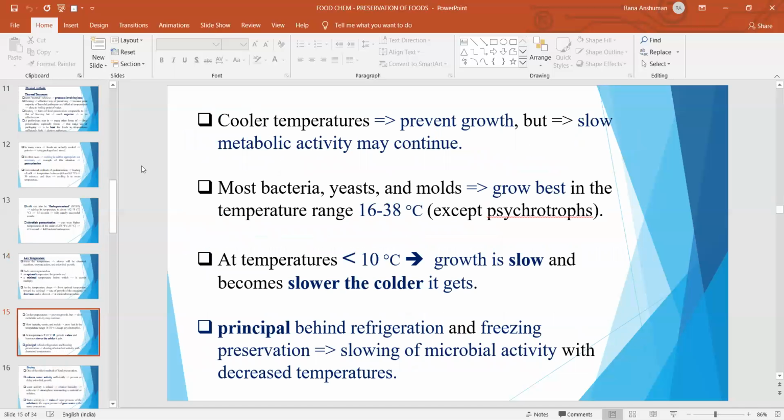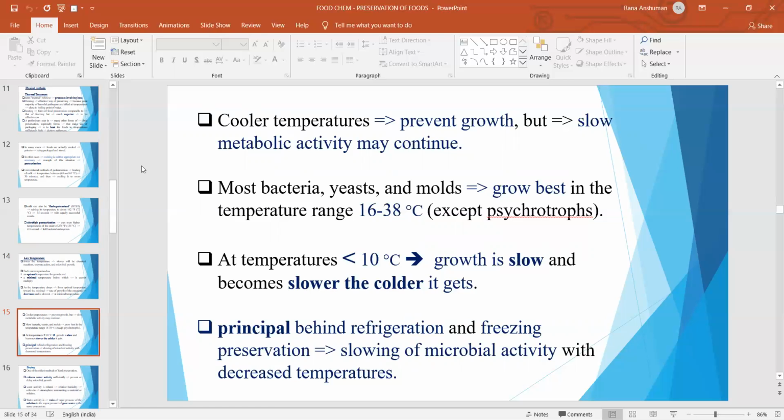Cooler temperatures prevent growth, but slow metabolic activity may continue. It is not necessary that even metabolic activities will stop. Most bacteria, yeast, and molds grow best in the temperature range of 16 to 38 degrees centigrade.